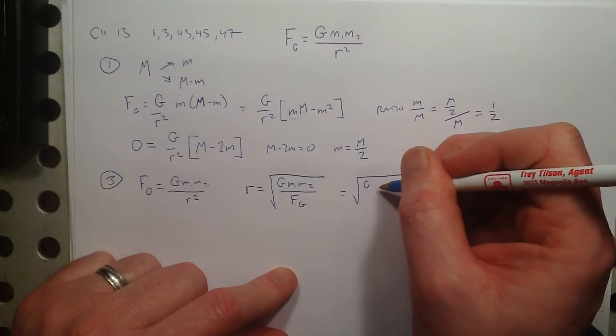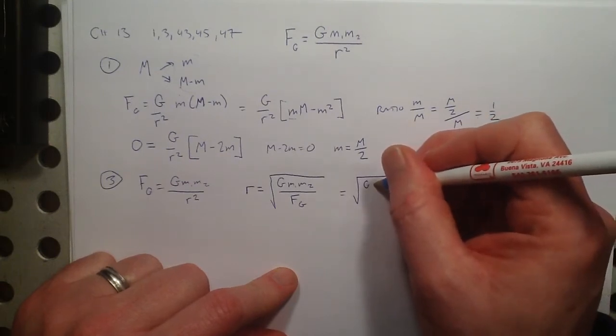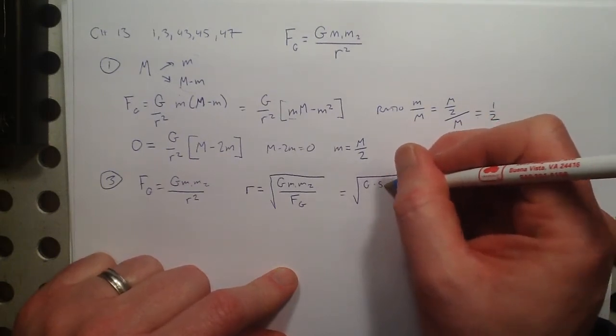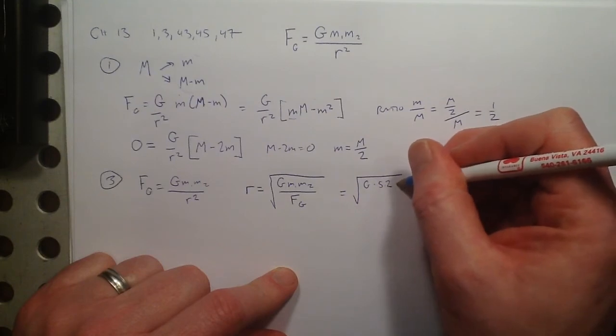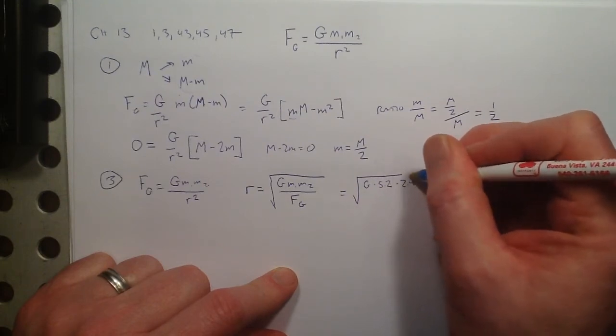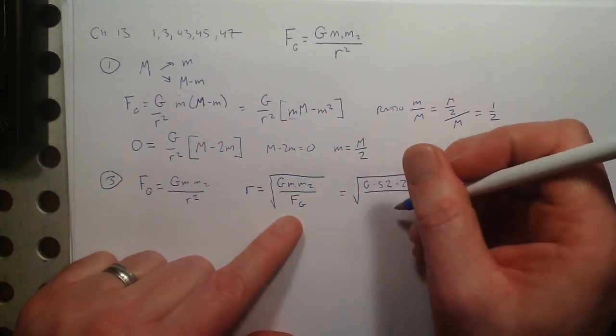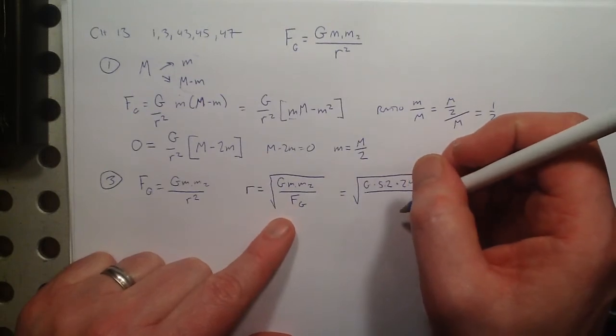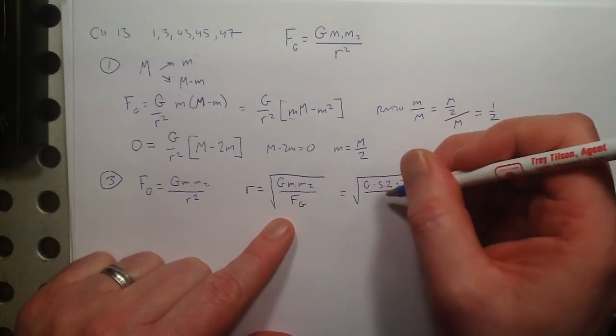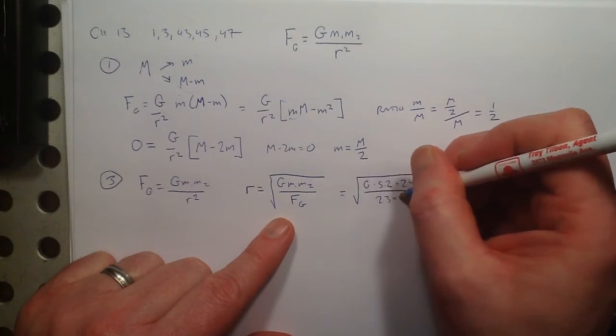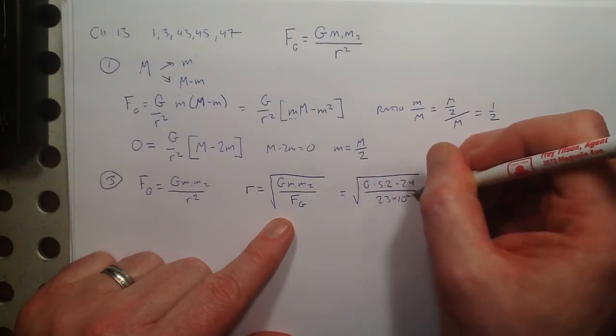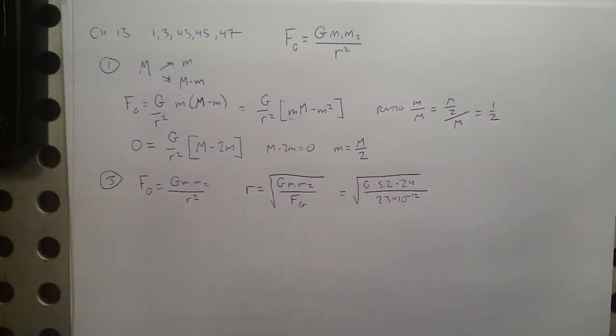So G times one mass, 5.2 kilograms. The other mass is 2.4 kilograms, over, they want us to have a gravitational force of 2.3 times 10 to the negative 12th newtons.